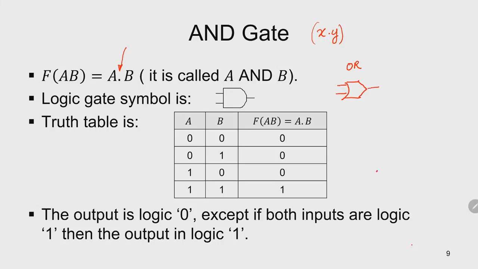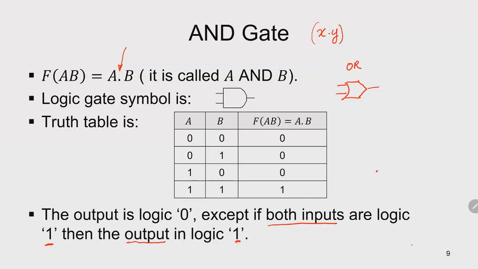So the AND gate is flat at the input and a curve at the output. So here is the logic of an AND gate. We need both inputs to be a logic 1, and then we get an output of logic 1.